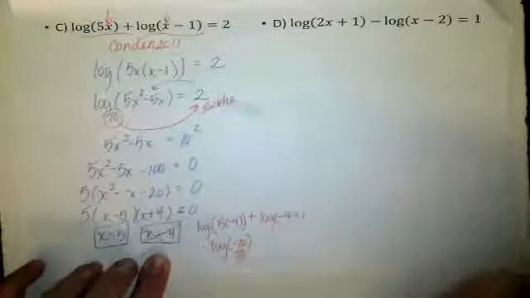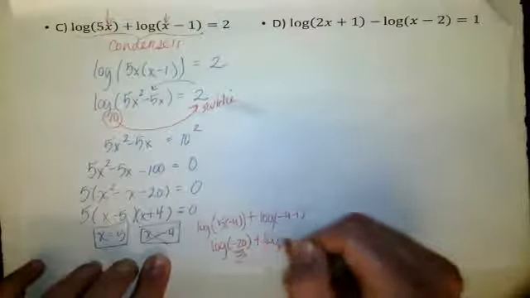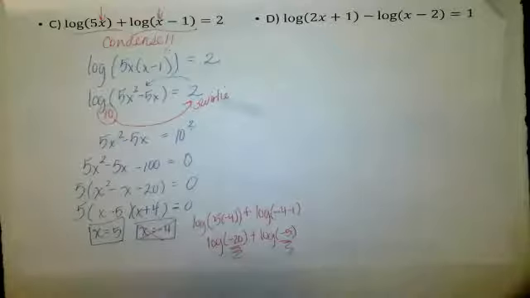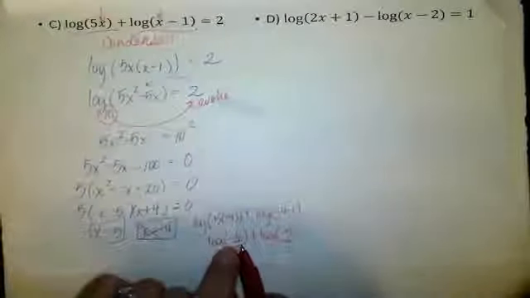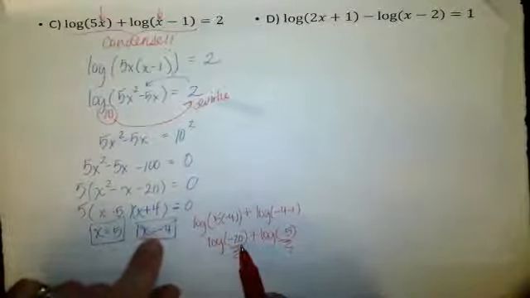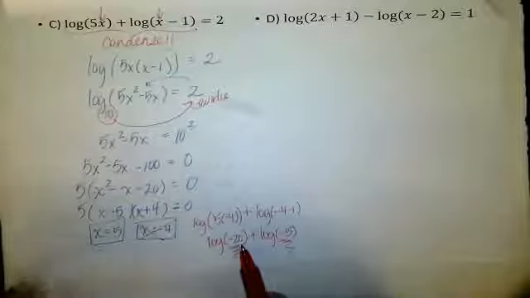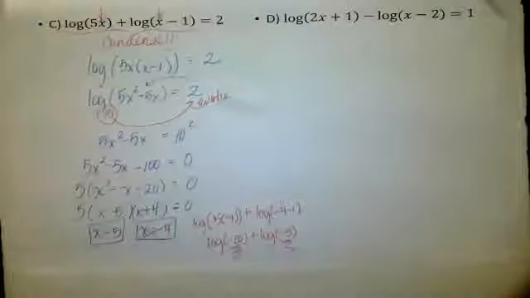Negative 20 is the issue. And here, negative 5 is an issue. We cannot take the log of negative arguments. I guarantee you I'll give you one where the negative value works, just to trip you up. All right. So negative 4 doesn't work. 5 does.